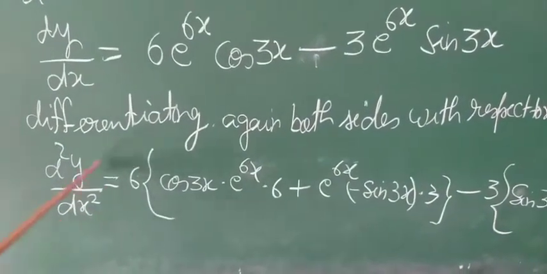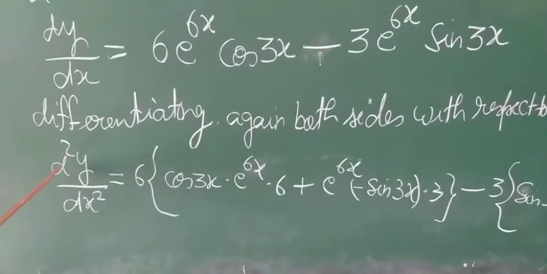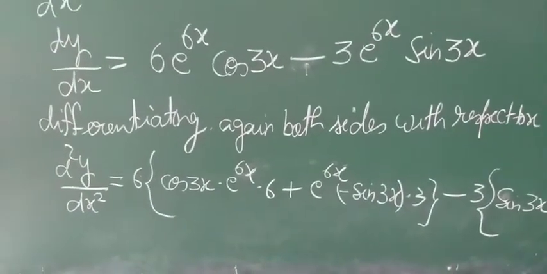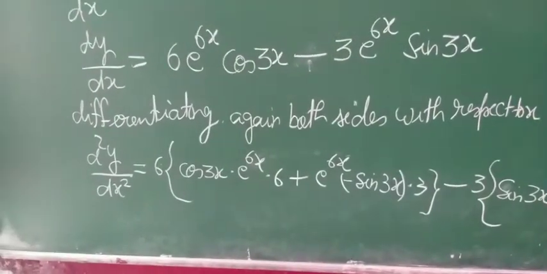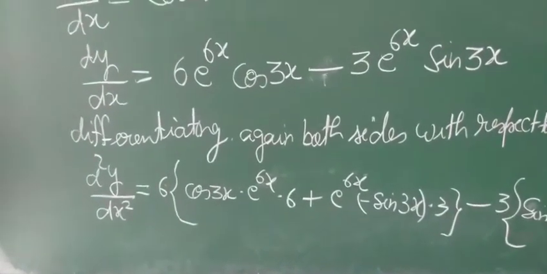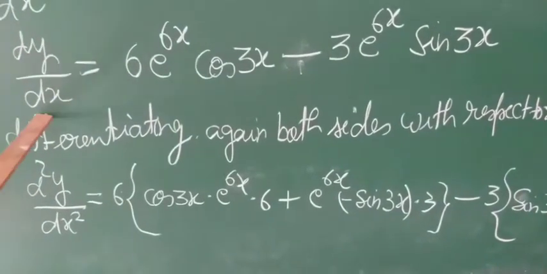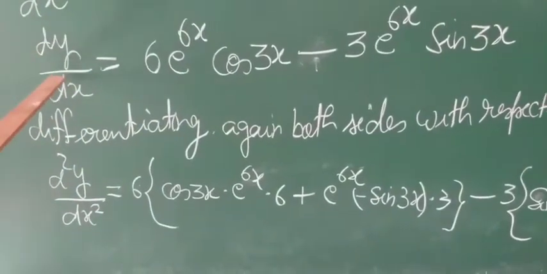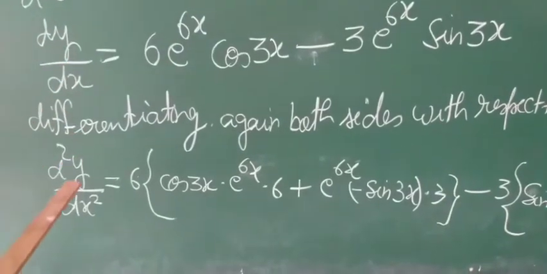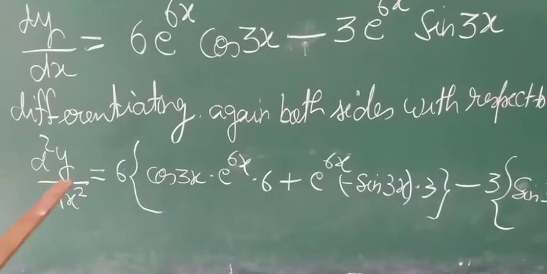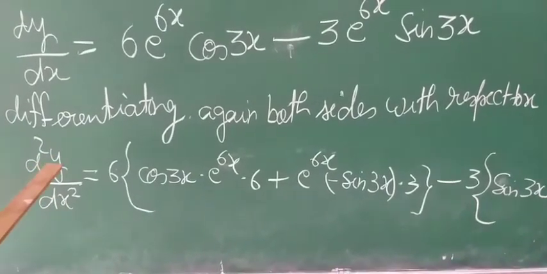So the second order derivative is represented here by d square y upon dx square. Or we can write y dash in place of the first order derivative dy by dx, and in place of the second order derivative we can write y double dash also.